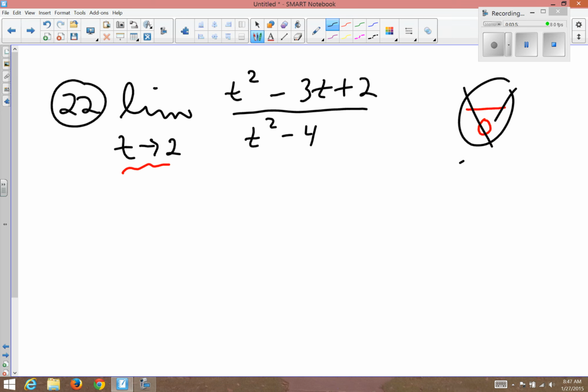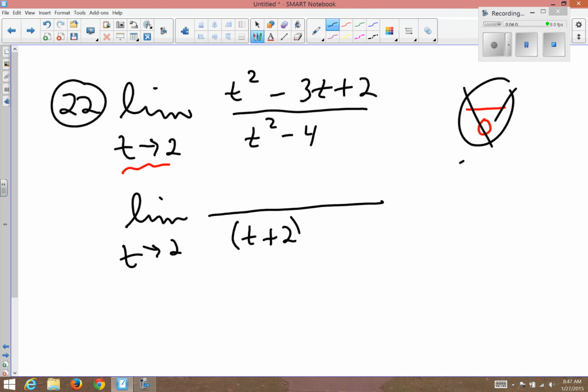To do this exercise, we copy limit as t approaches 2. We notice the numerator and denominator can both be factored. The denominator is t plus 2 times t minus 2. The numerator is t minus 2 times t minus 1.